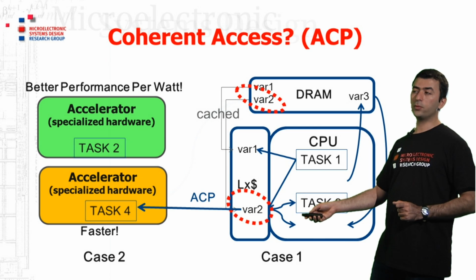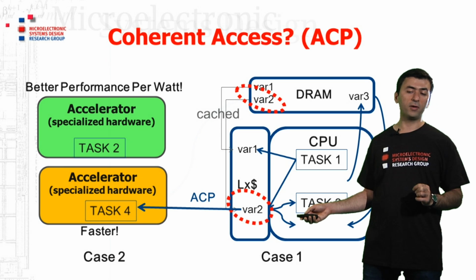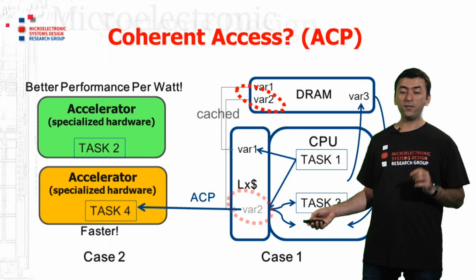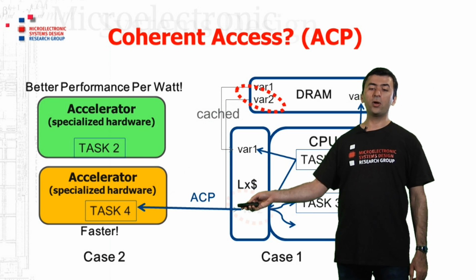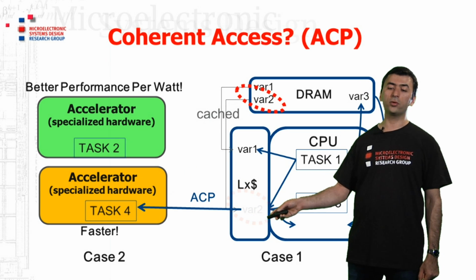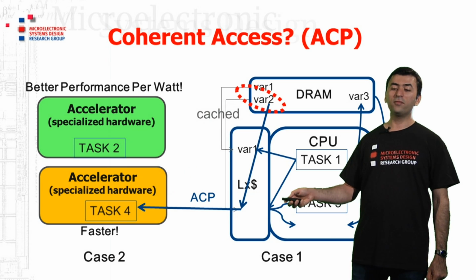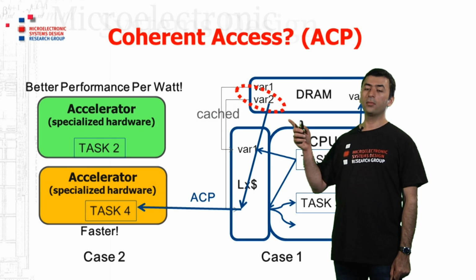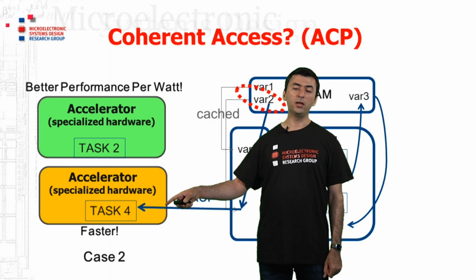And if variable 2 is inside the cache, it will directly read the latest version of variable 2. But if it doesn't exist inside the cache, and the accelerator has performed a read transaction through the ACP port to the CPU subsystem, then the variable will be read from the DRAM and then transferred to the ACP port and then to the accelerator.